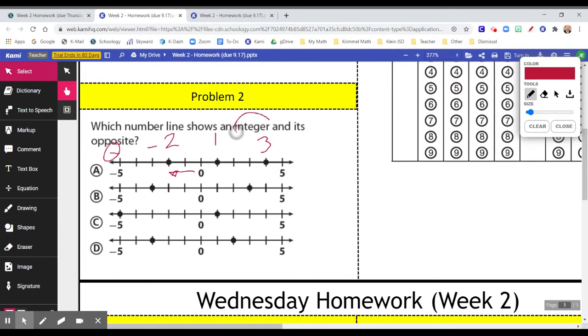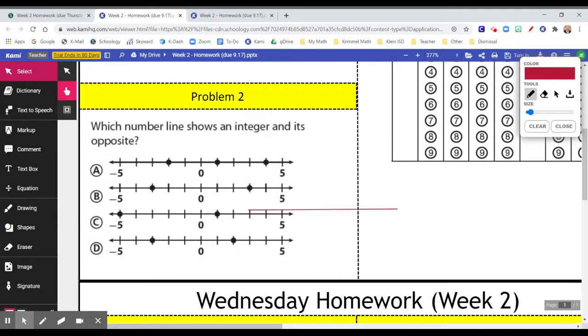So we just need one number, and that number is opposite. If we look at answer choice B, it looks like we have positive 3, and then starting at 0 going to the left, it looks like we have -3. That looks pretty good. We have positive 3 and -3, opposites. Just looking at answer choice C, we have 1 and then -5, and then 2 and then -3. So just identifying those, looks like our correct answer choice is going to be answer choice B.